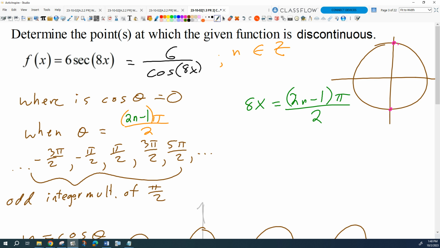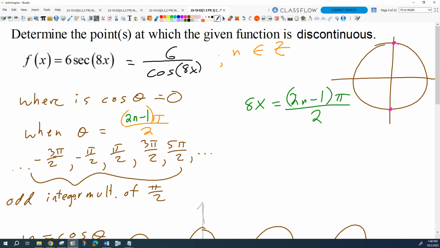Okay, so what I want to do is solve for x, because I'm feeding the cosine function angles based on 8 times x. I want to know the values of x that I'm going to have to exclude, because this is a function of x, not theta, right? I just have to solve that thing. Well, that's easy to do.